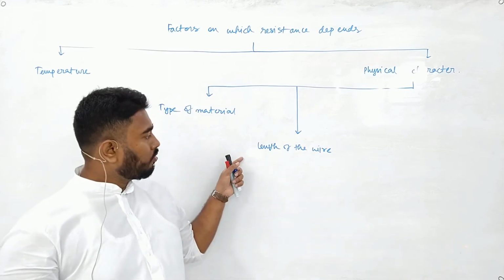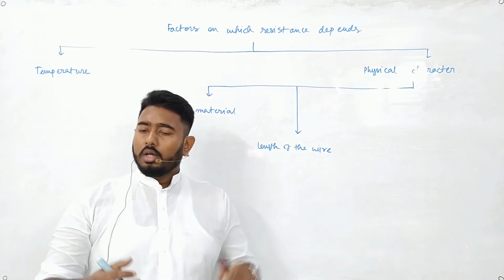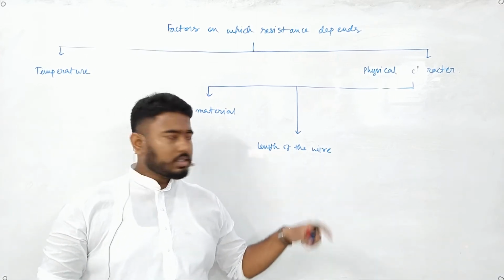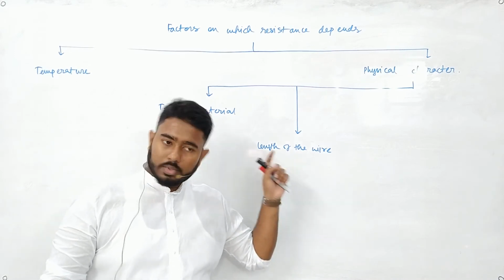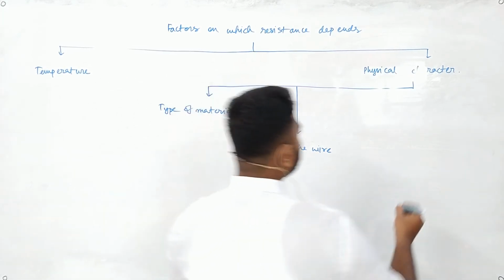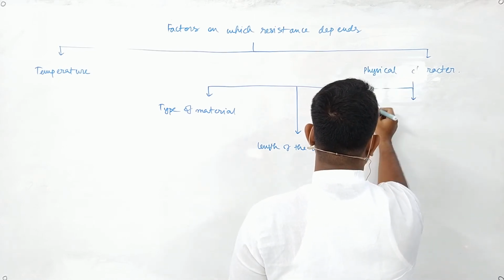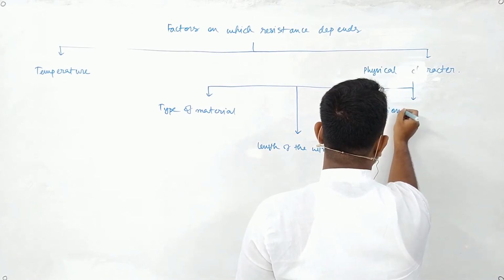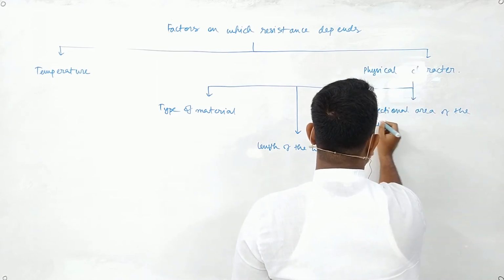You can write resistance of the cylinder, resistance of the material, but as you are in lower classes, all the numericals that you will have will be based on a wire. So we are writing wire. Next will be cross-sectional area of the wire.